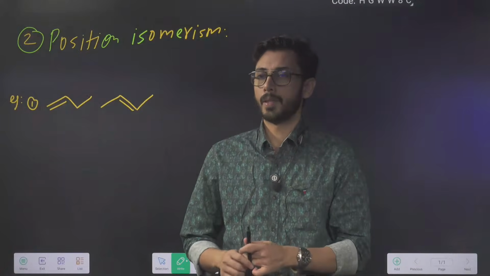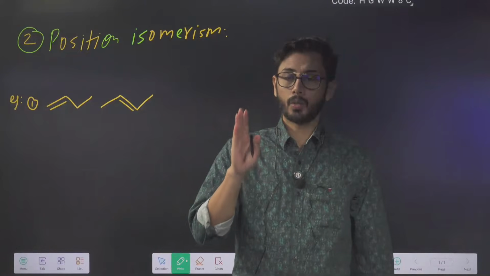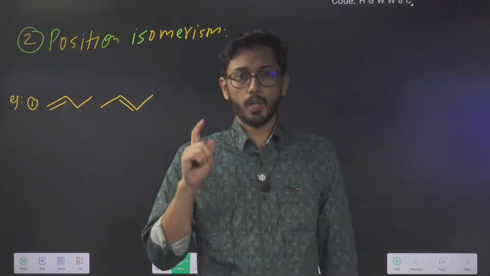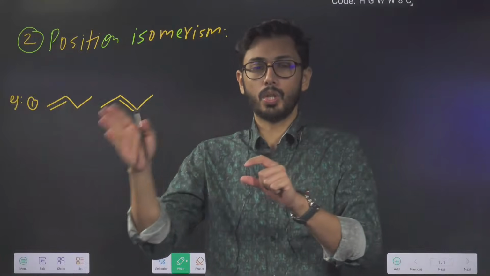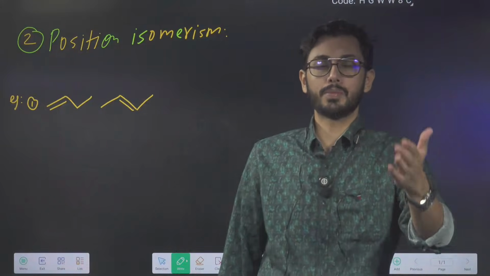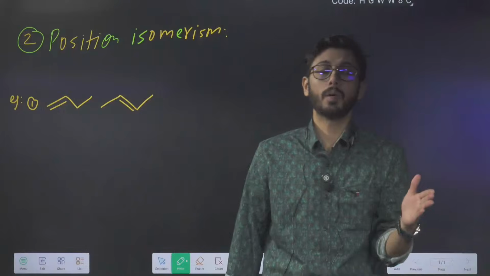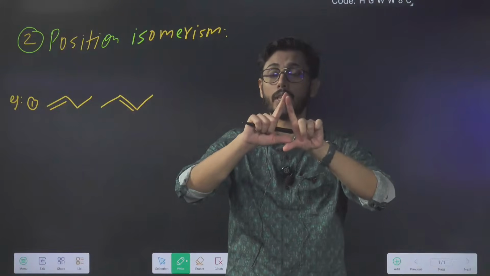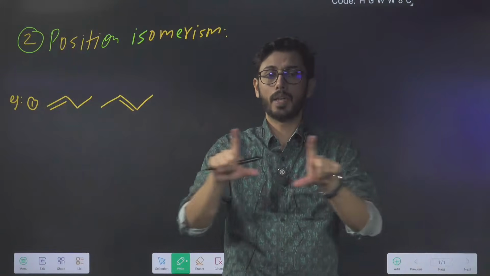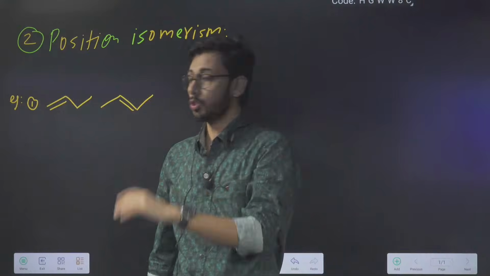Clear? Written? Compounds having same molecular formula, same functional group, but different position of functional group or substituents or multiple bonds, but what has to be same? Size of the parent chain and side chain. That has to be same.